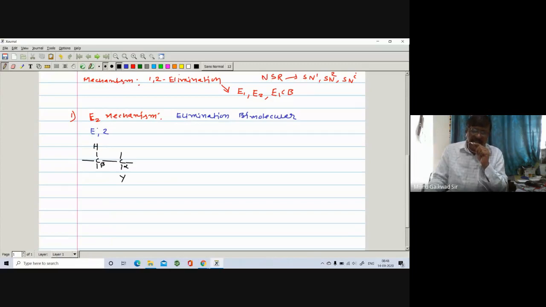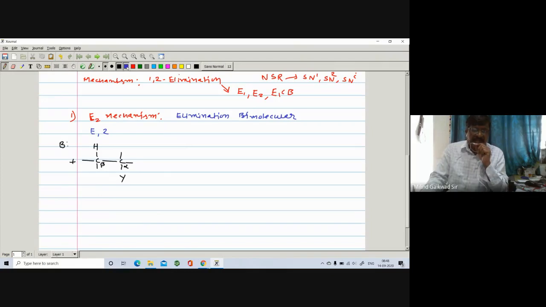In 1-2 elimination again we will see only beta elimination. So we have seen the bond between the carbon and Y undergoes breaking. The reaction takes place in the presence of a base. Base has the ability to abstract a proton. So base has a lone pair or a negative charge. This is your substrate.